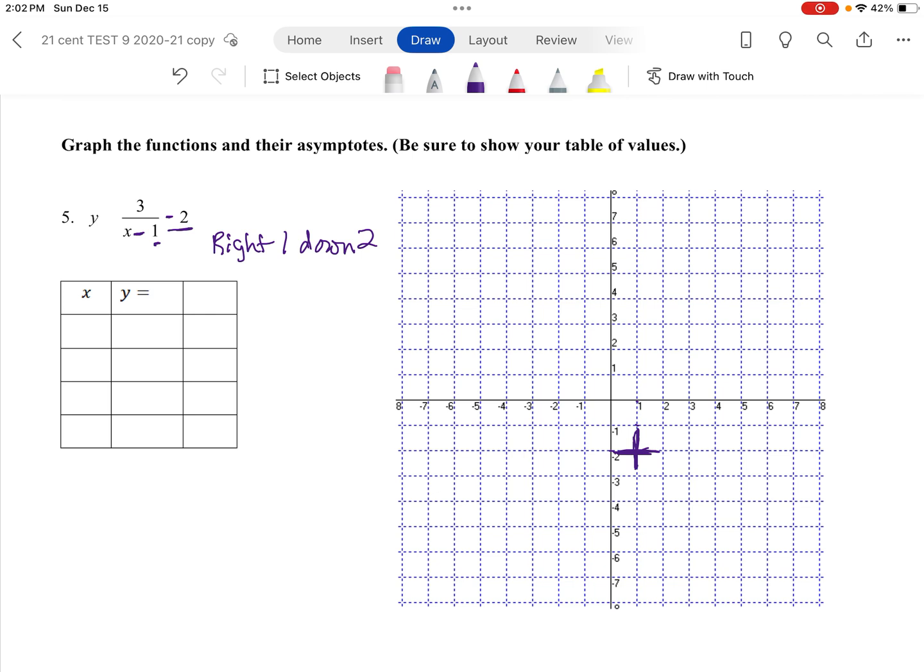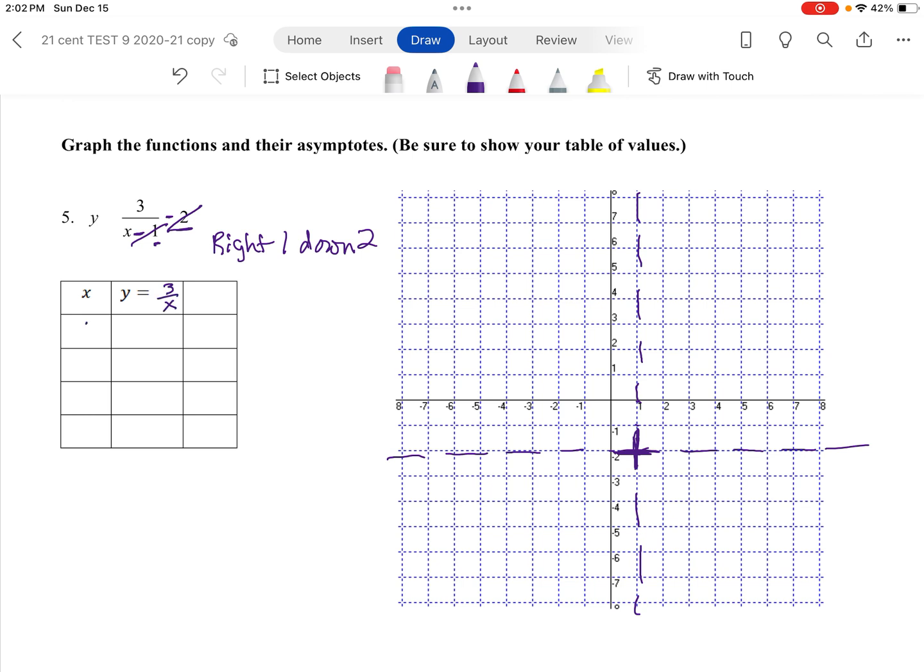Since I shifted my origin, it is the asymptotes. So I will create those asymptotes. Now, I shifted my origin to this spot so I can cross it out here. So I'm left with y equals 3 divided by x.